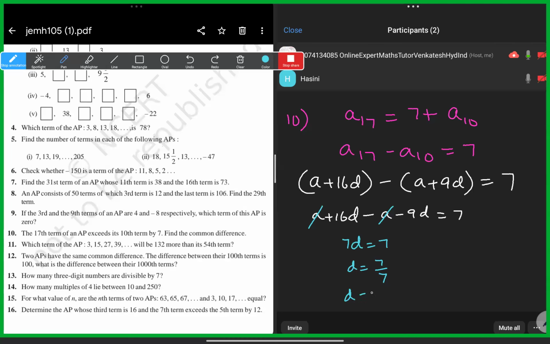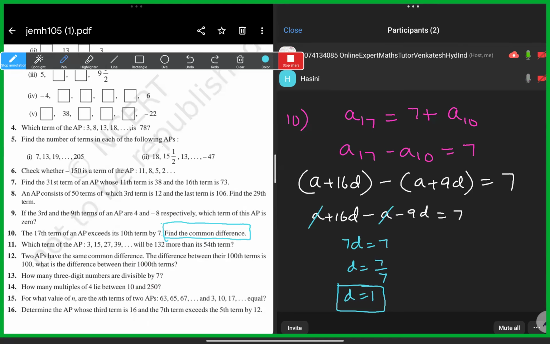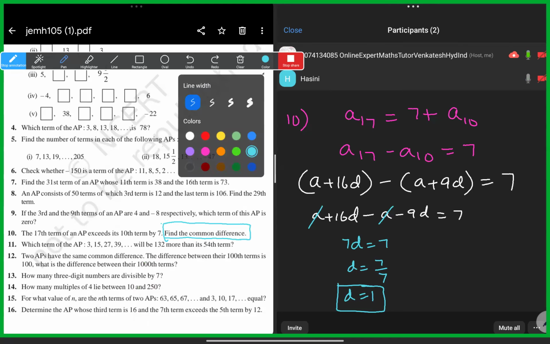D is equal to 1, Hasni. Yes, sir. They asked for the common difference, so we automatically got D after solving this equation. Okay, sir. Shall we go to the 11th one, Hasni? Okay, sir.